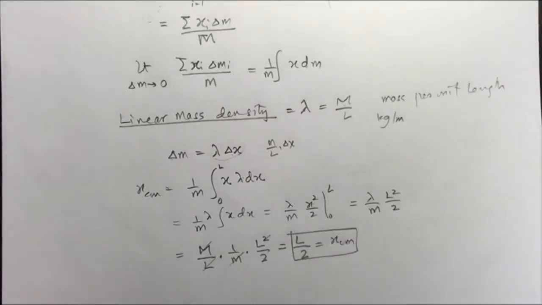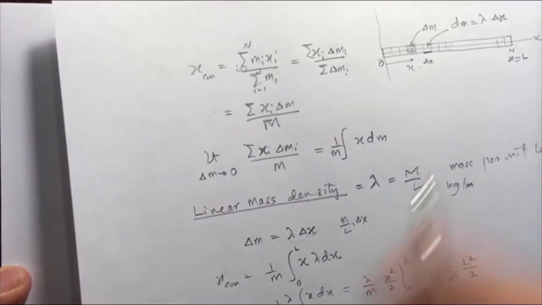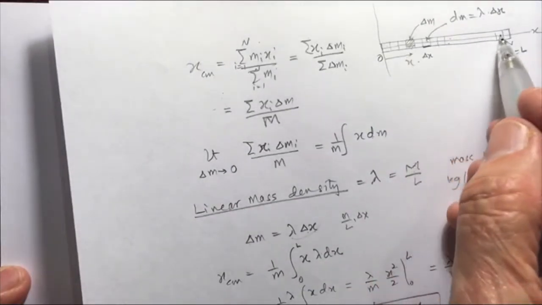Now let's take a slightly more complicated example, and this would be useful in some of the homework problems that you're going to do. In the book it's the same problem with a non-uniform density. We'll do it slightly differently.